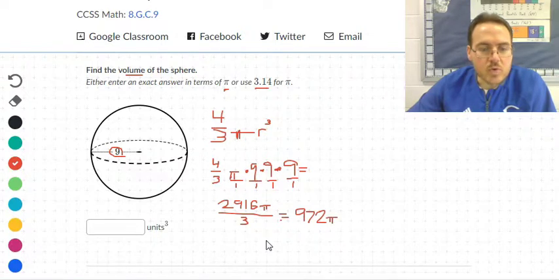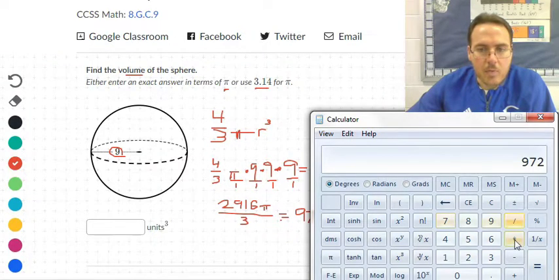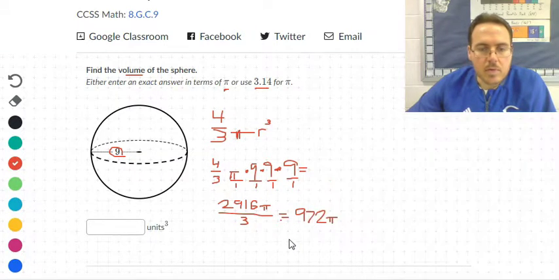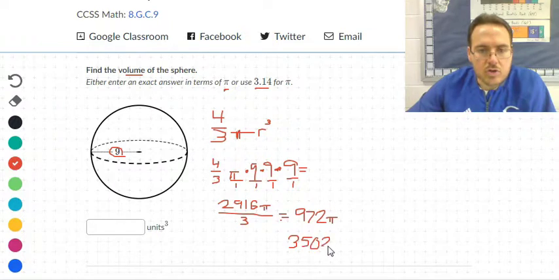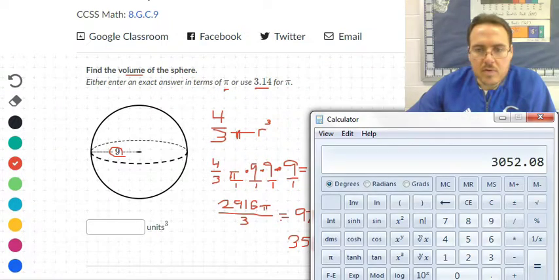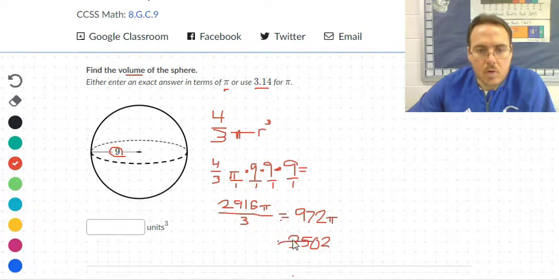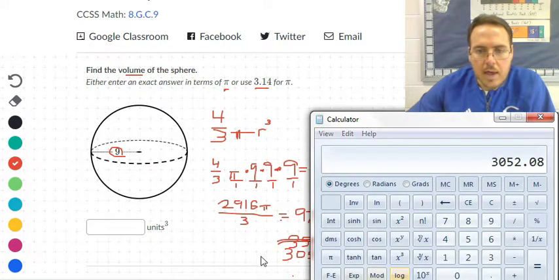And if you decided to use 3.14, I would just take that and multiply by 3.14, which comes out to about 3052.08.